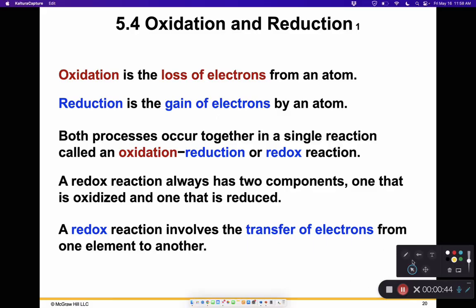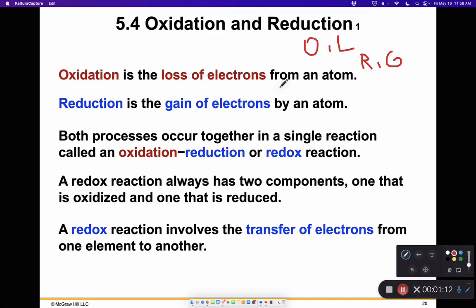Oxidation is a process of the loss of electrons and reduction is the process of gain of electrons. OIL RIG is the mnemonic we use: oxidation is loss of electrons and reduction is gain of electrons.